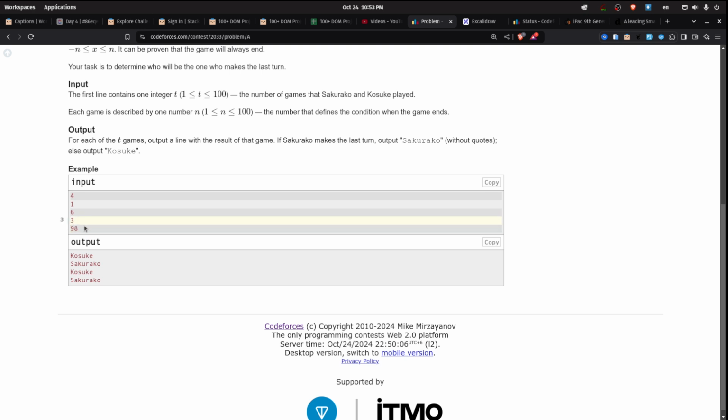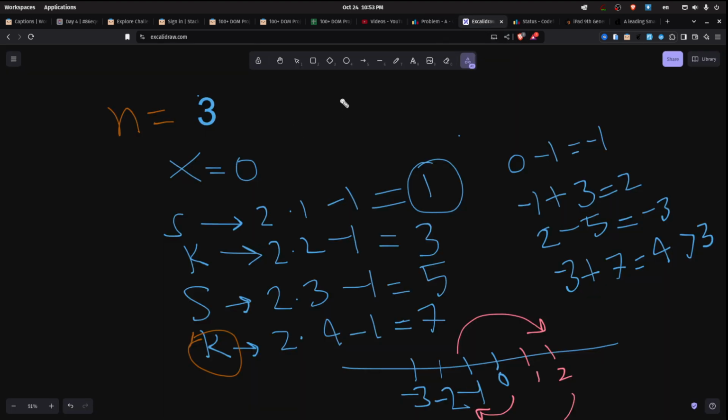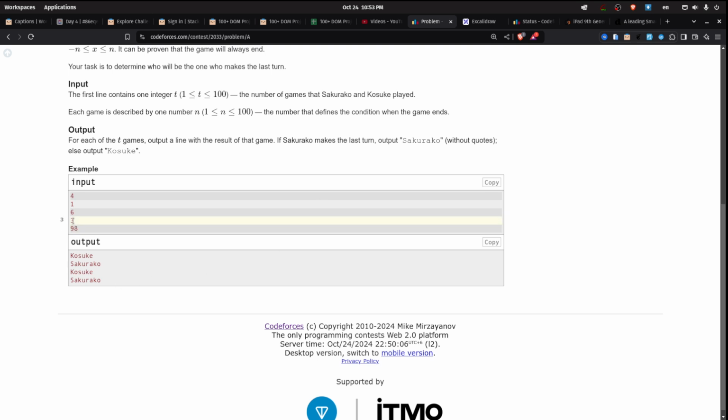I already did the debugging part, so here is the debugging part. Let's just discuss the process. I take the third test case, which is 3, and the answer is Kosuke.